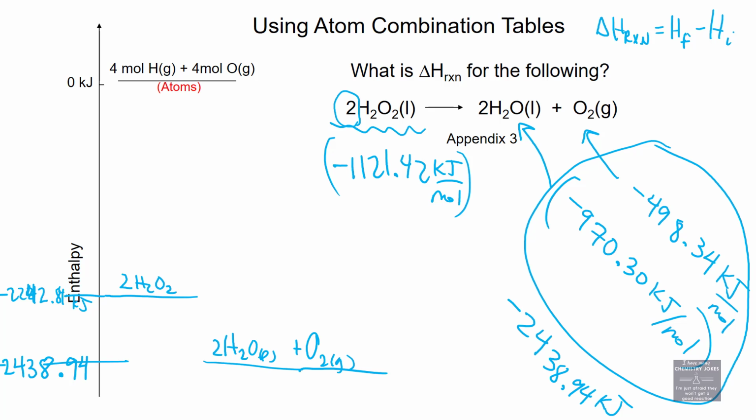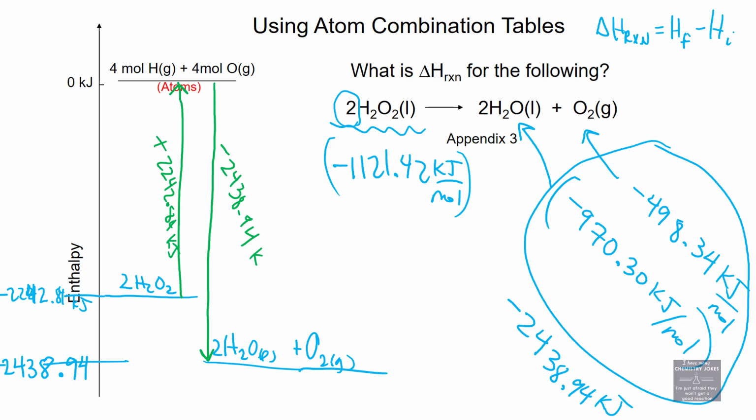So for this whole transition, if I think about it in the atom combination way, I'm going to rip this thing into pieces, and I'm going to put in positive 2242.84 kilojoules to do that. And then once it's in this gaseous atoms state, they will recombine and release 2438.94 kilojoules.